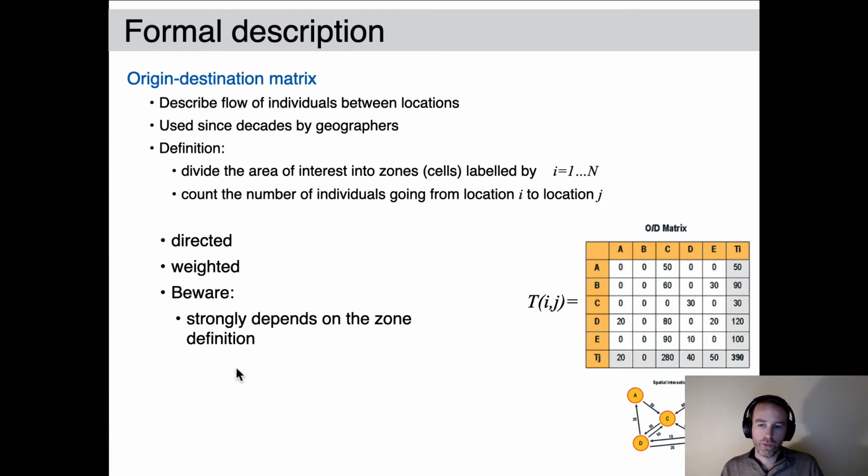But very often we have the same problem because when we study networks, often the node can represent a country or an area like a neighborhood or whatever. So we often have the same problem, and we need to be careful about this notion of distance, because obviously if you take areas which are large, then you will lose some information of what's happening at short distances, for instance.